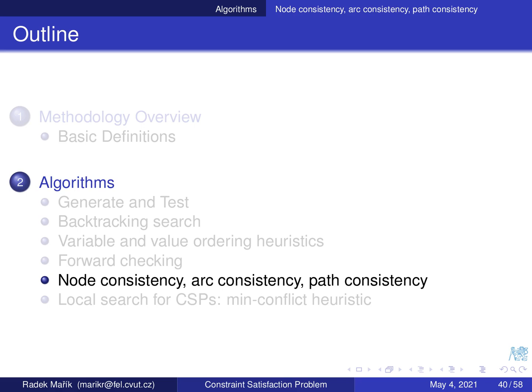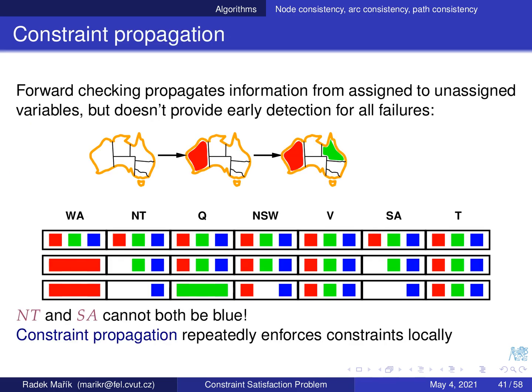Another approach is based on node consistency, or so-called arc consistency, or even, generally, path consistency. Forward checking propagates the information from assigned to unassigned variables, but actually it does not provide early detection of all failures.